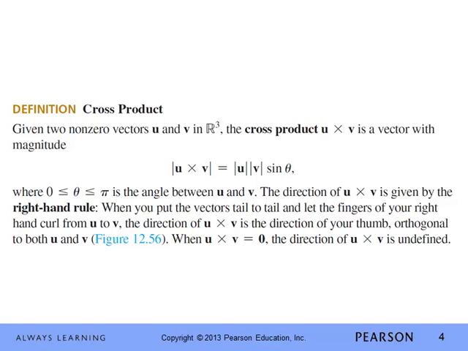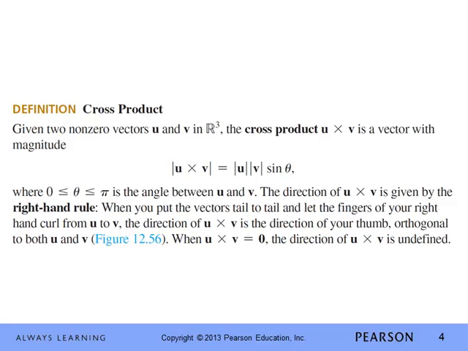Now, two vectors that are parallel will have a cross product of the zero vector. In order for your cross product to actually produce something interesting, the two vectors have to meet at some angle other than 0 or pi. Because, hey, what is the sine of 0?